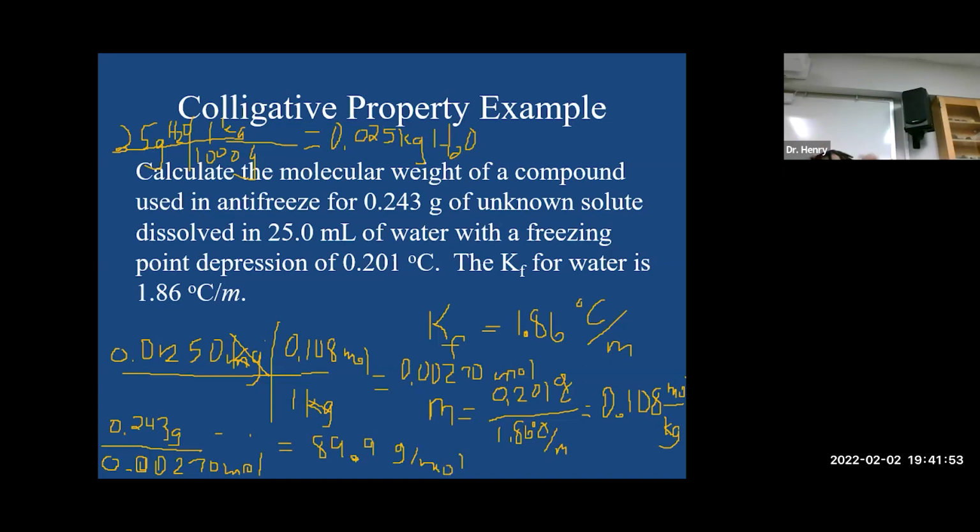Pretty close, but I got like straight 90. You got straight 90? Yeah. Okay, but it's the same thing. Yeah, well, I may have rounded at some point. Let me check.